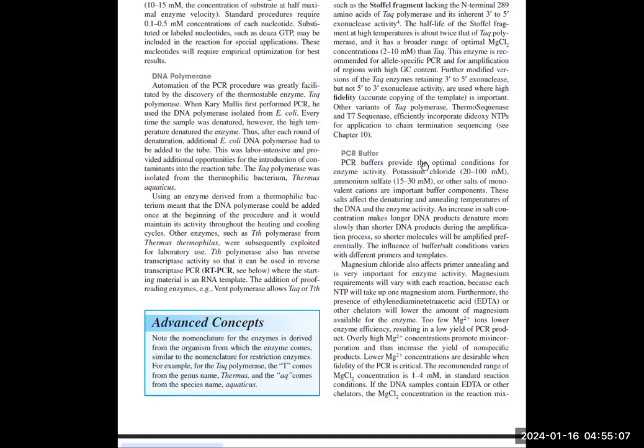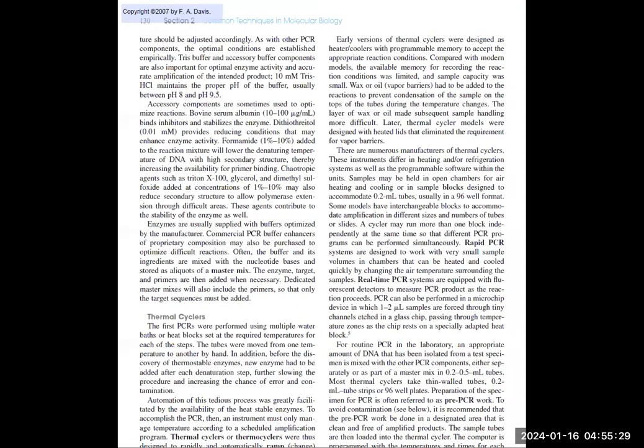But if we have an increase of our magnesium ions, it's also not a good thing because it promotes mispriming, and with mispriming we have a yield, yes, but the products or amplicons are non-specific in nature, guys. So are we clear with that?